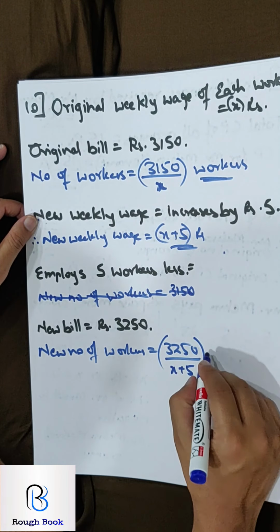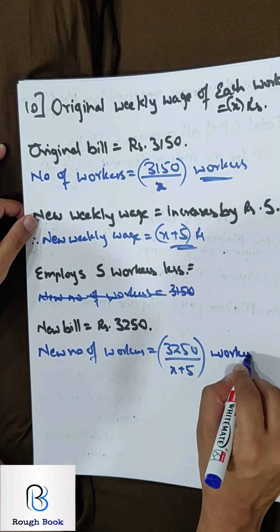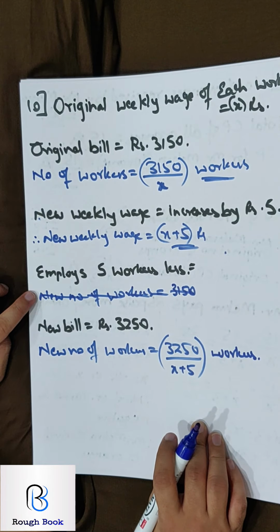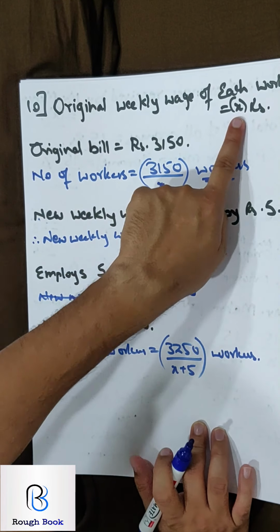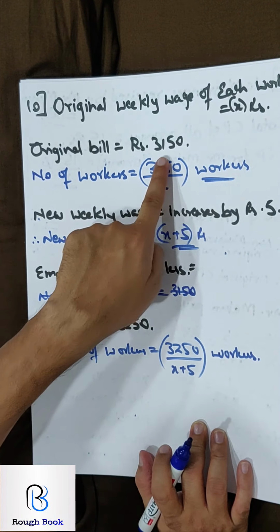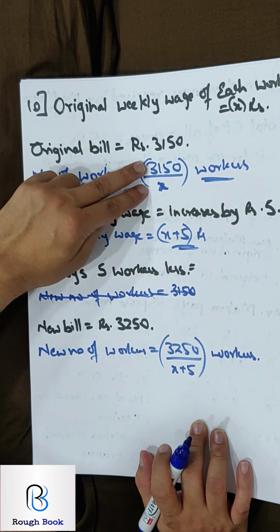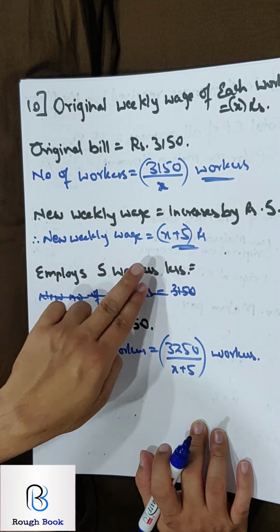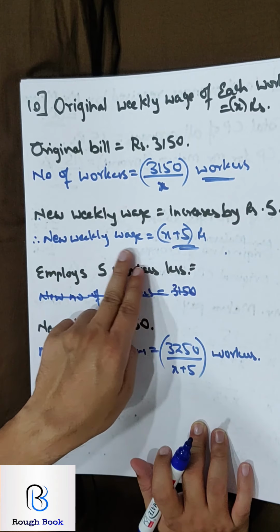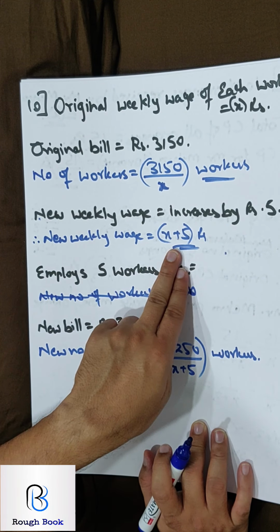So the same logic we applied again. It becomes easy to understand by going this method. Once again, weekly wage of 1 worker, total bill, when I divide I get the number of workers. Likewise increases by 5, so new weekly wage x plus 5.